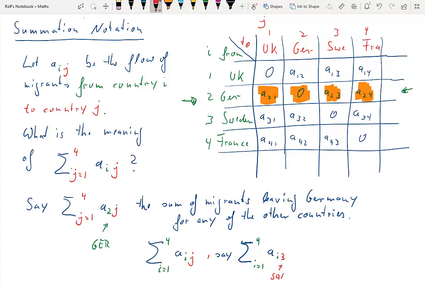So the value 3, of course, representing Sweden. So we are now thinking about immigration into Sweden. And the values we are now adding up is all of these values in that third column.